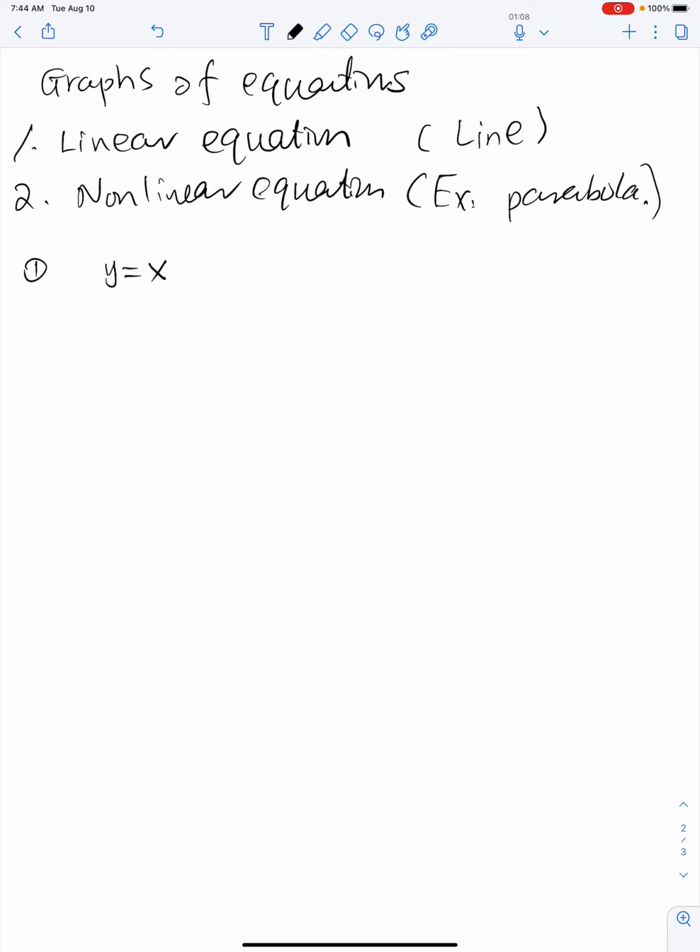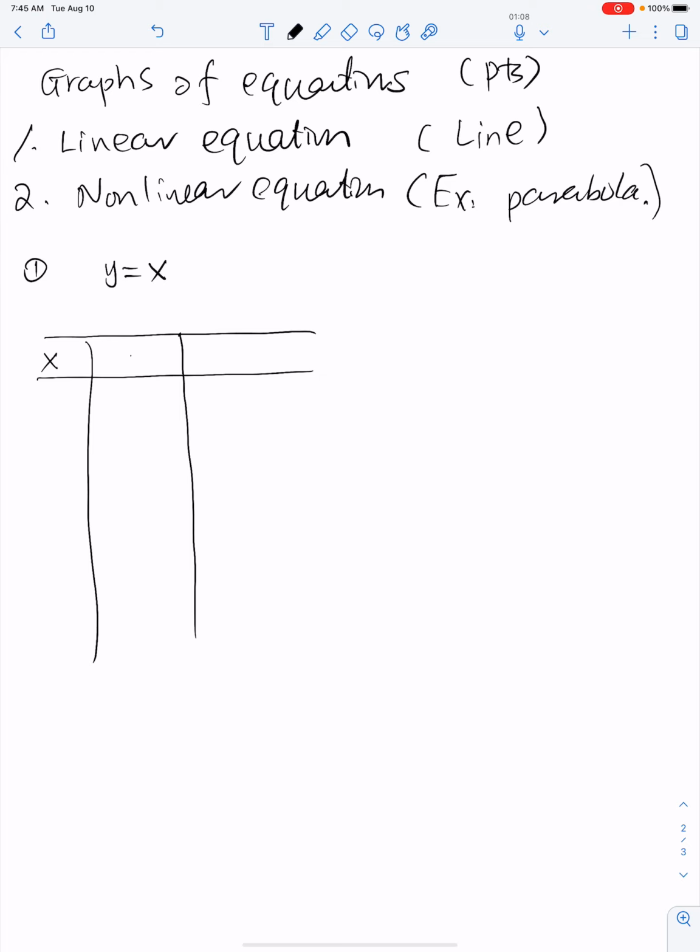How could we graph an equation? All equations are made up of points, so we graph equations with points.